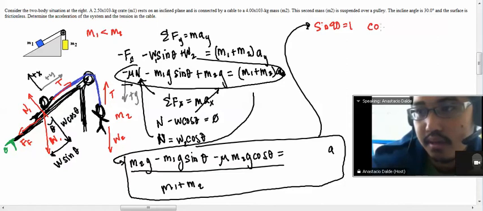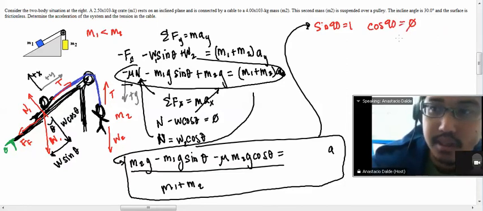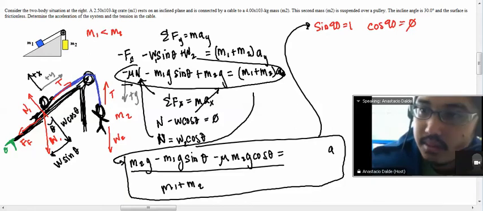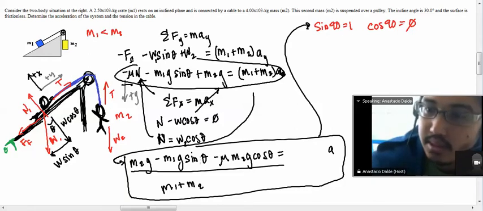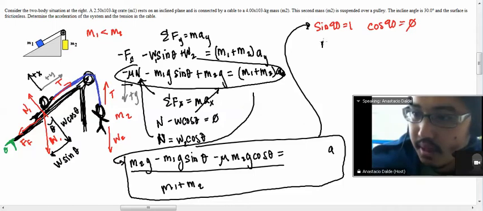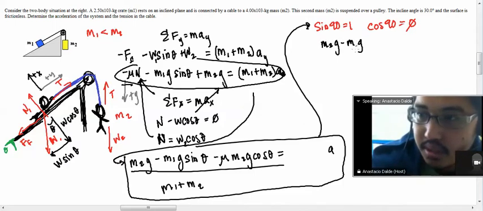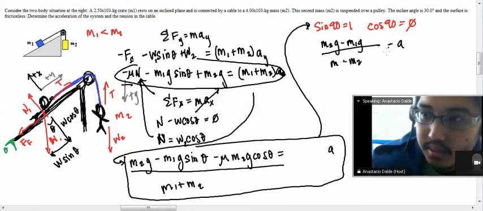And the cosine of 90 is equal to 0. So if you plug in 90 degrees into here, this is going to be 1 and this is going to be 0. So essentially you're just going to have m2g minus m1g all divided by m1 plus m2 equals a. Do you agree?